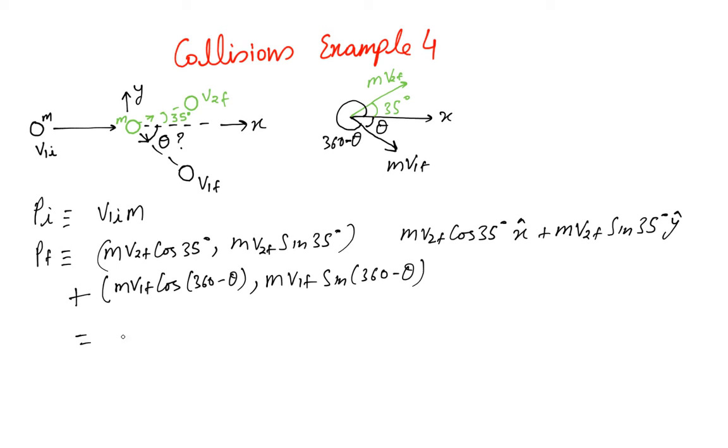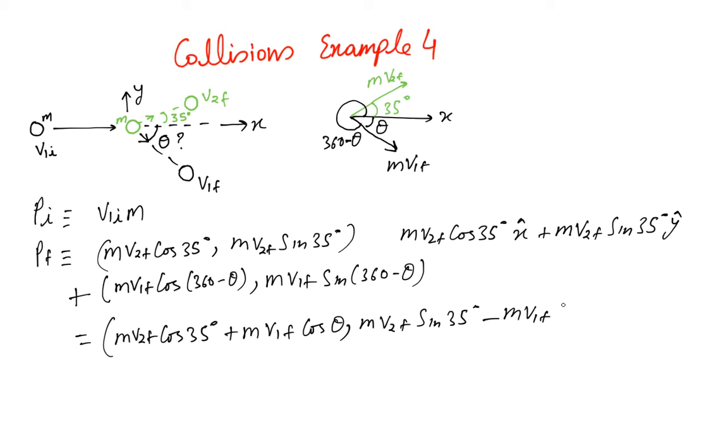If you sum this up, we get m v2f cos 35 degrees plus m v1f cos theta, comma the other part. The other part is going to be m v2f sine 35 degrees minus, using trigonometric relations, m v1f sine of 360 minus theta.